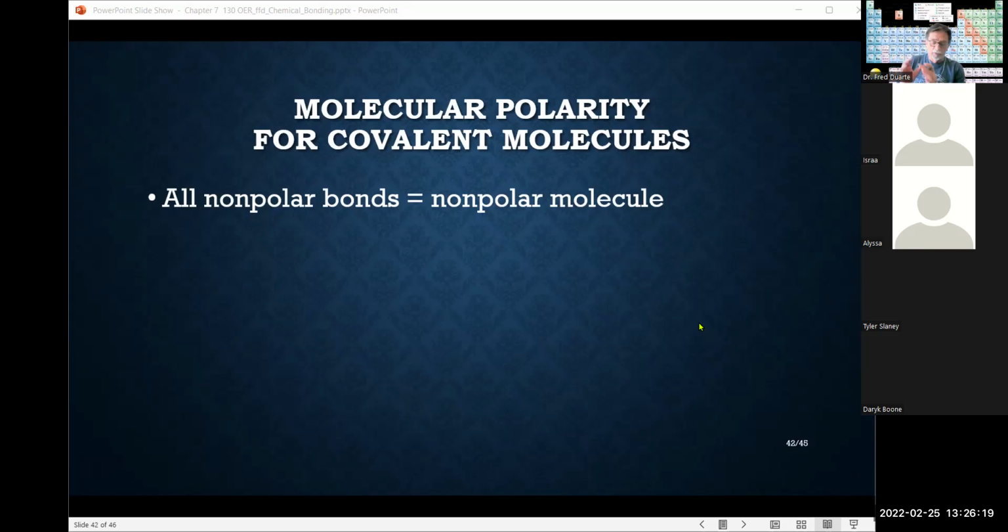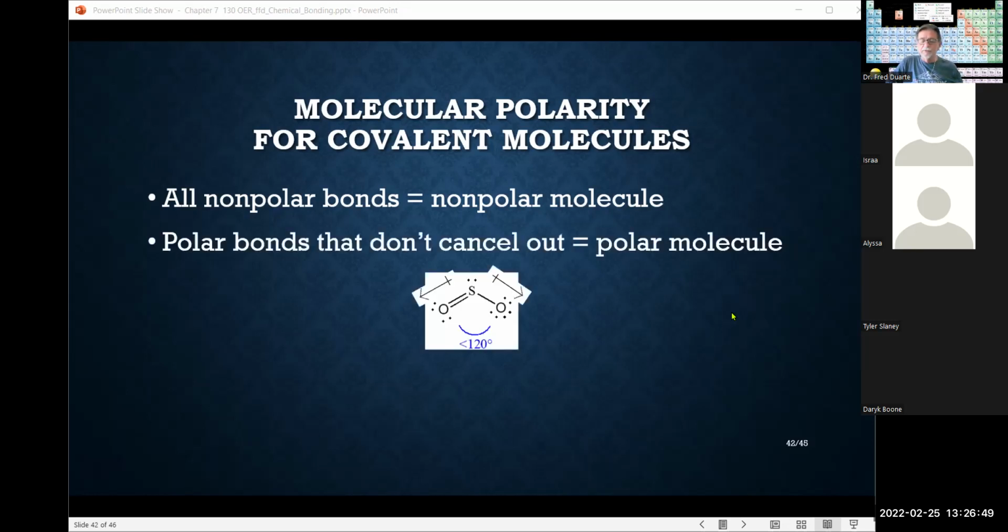If it's all nonpolar bonds like carbon, hydrogen, then it's a nonpolar molecule overall, okay? If we have polar bonds and they don't cancel each other out, then we have a polar molecule. If we have polar bonds and they cancel each other out, then we have a nonpolar species. I got tongue-tied there for a second. So all nonpolar bonds, nonpolar molecule.